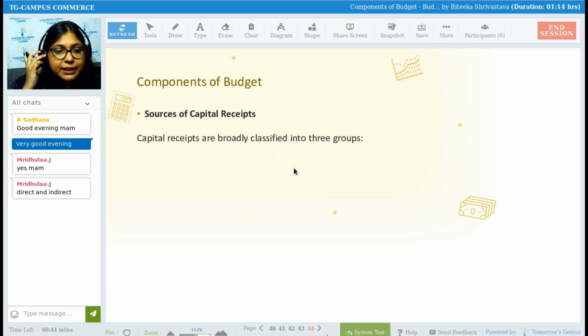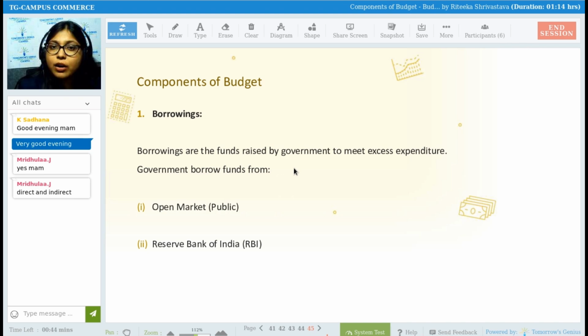Now, sources of capital receipts. Sources of capital receipts are classified into three groups, or three types of capital receipts. First is borrowings. There is a period when even the government has to borrow money from financial institutions.